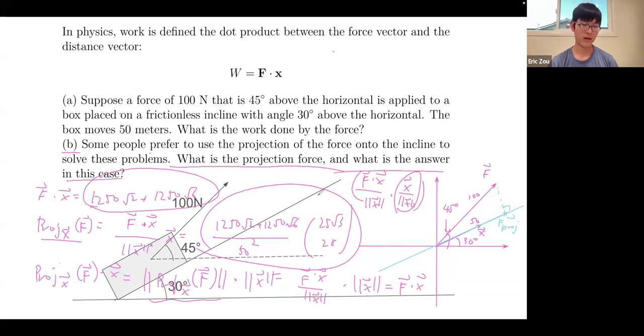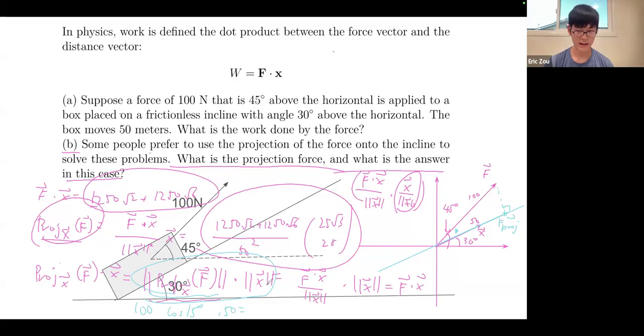The other, better method, instead of using this formula, is we notice that this angle over here is 45 degrees minus 30 degrees, which is 15 degrees. So the projection is 100 times cosine 15 degrees, and x is 50.